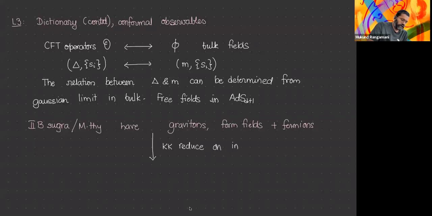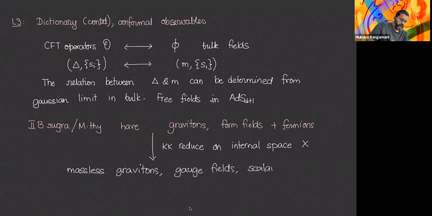On internal space, this X, we get massless gravitons, gauge fields, scalars, plus massive fields from harmonics.